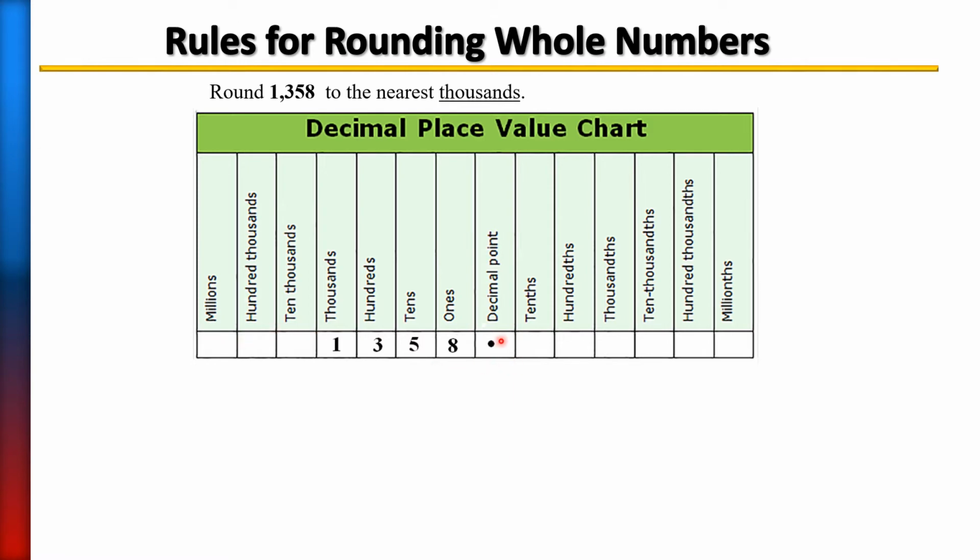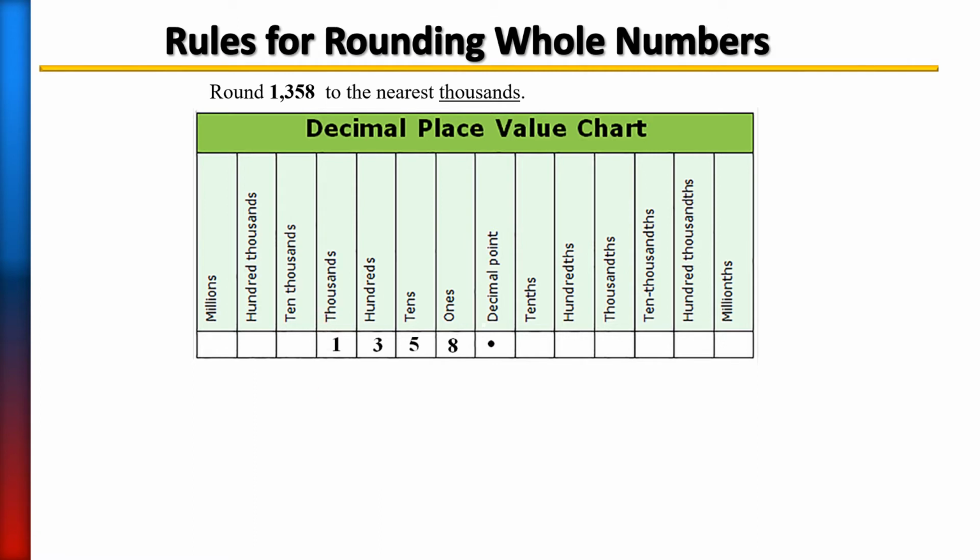To the right of the decimal, the number gets smaller: the tenths place, hundredths, thousandths, ten-thousandths, hundred-thousandths, millionths. So in other words, the "ths" family is to the right, and our regular place values are to the left.